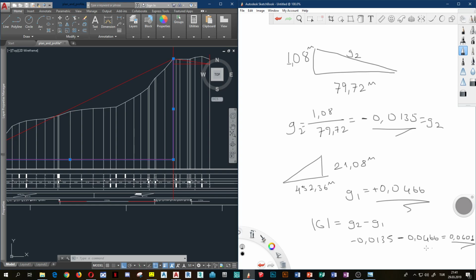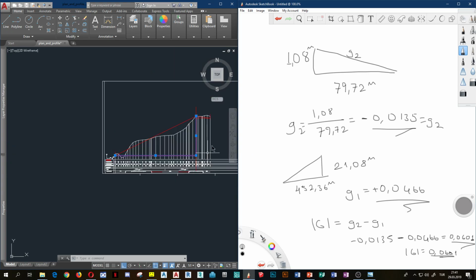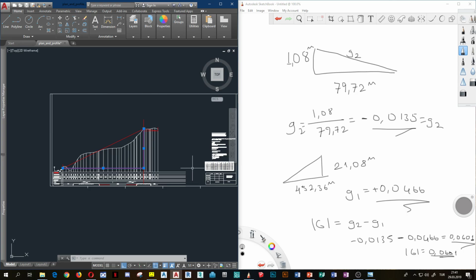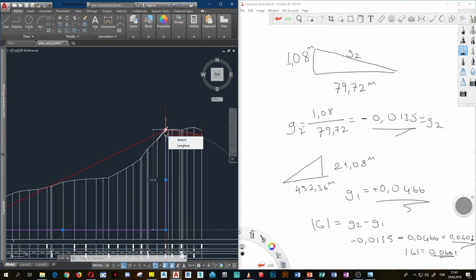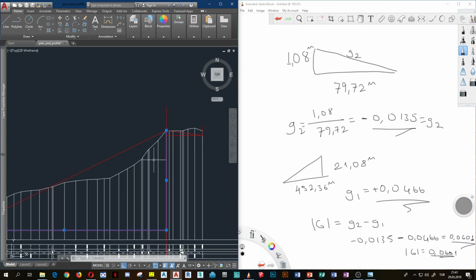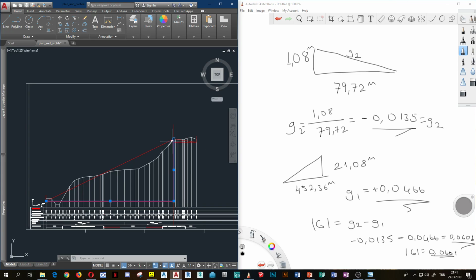Yes, it's G, of course, absolute G. I found my big G, and I determined our POI point.